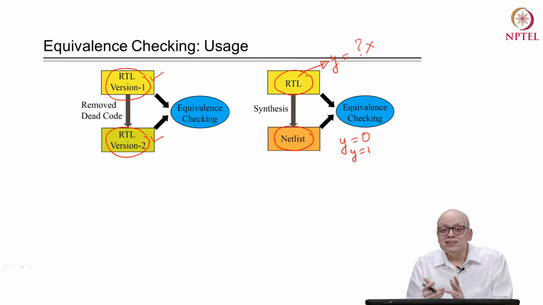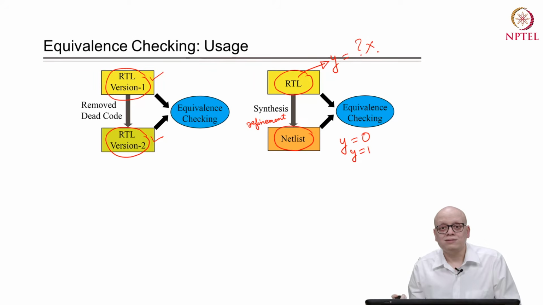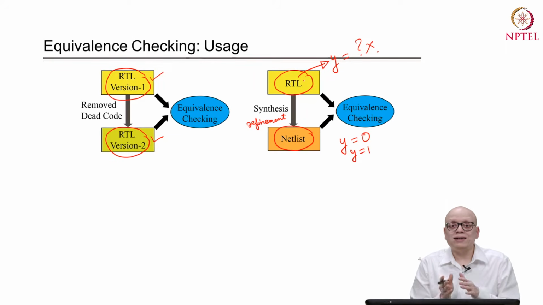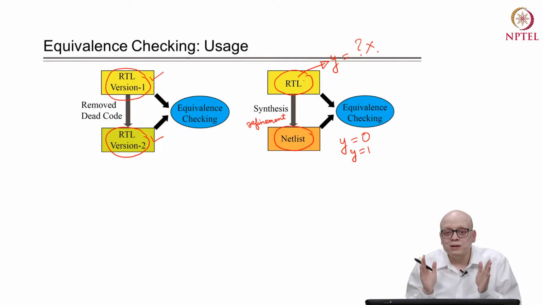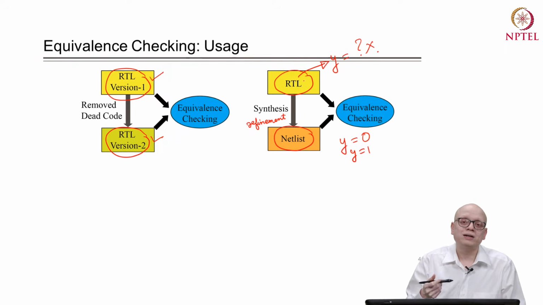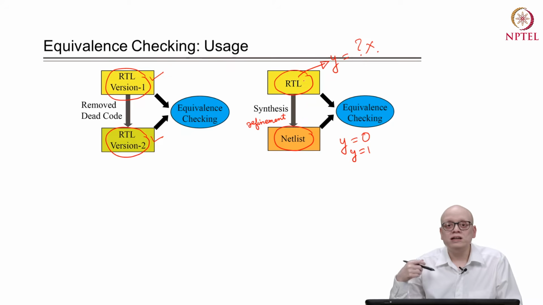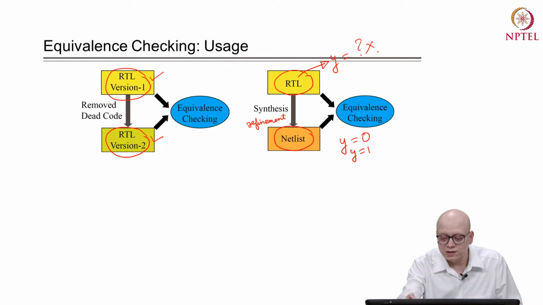So during synthesis some refinement from x to 0 or 1 might also be done, and therefore these two models are not equal in that sense, but they are equivalent, meaning that the output response will be as per the desired functionality. During synthesis those kinds of refinements, and of course logic optimizations, are done. Now, what if the tool did not perform it correctly, and there was a bug in the tool? We need to catch those situations, and to catch them we need to do an equivalence check between the RTL and the generated netlist.